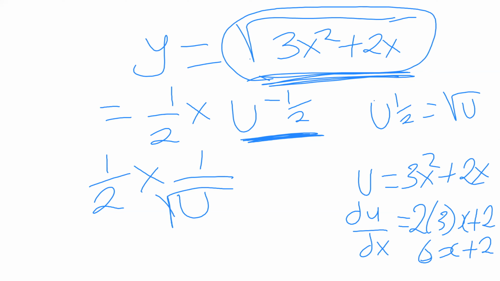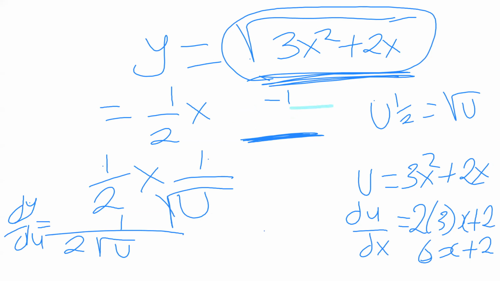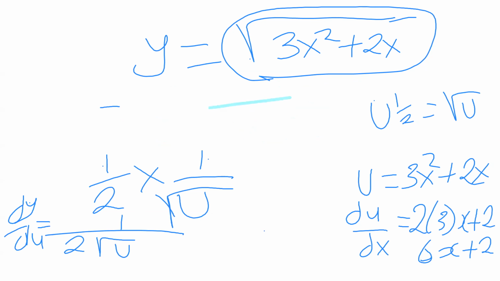You're following? Yes, I'm following. So from here you can multiply: 1 times 1 is 1, over 2 times the square root of u. This is our dy over du, meaning the derivative of the y function with respect to u. Do you get it? Yes, I do.